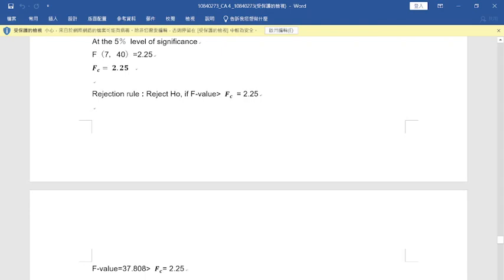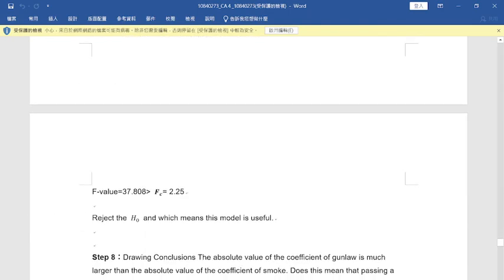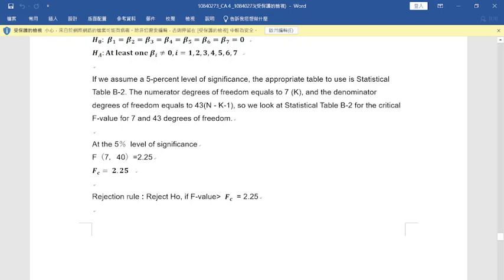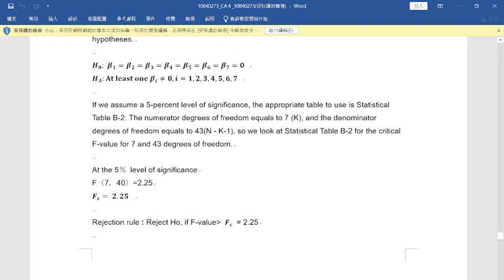What is your F value? Usually, if we write it down like this, this is the F statistic. This one is the critical value. You see the notation here. Unless you're saying this is the critical value from the alpha level, if you just write down this one, it's the F statistic.